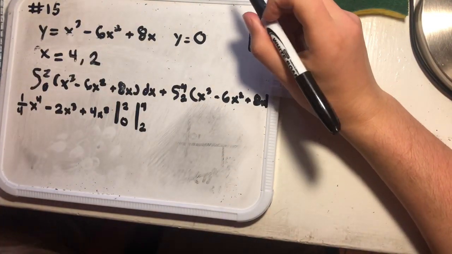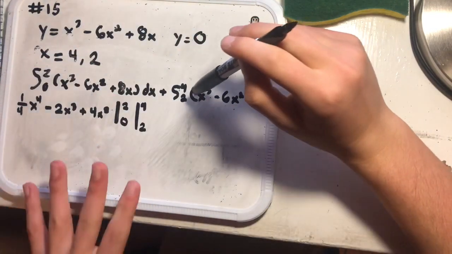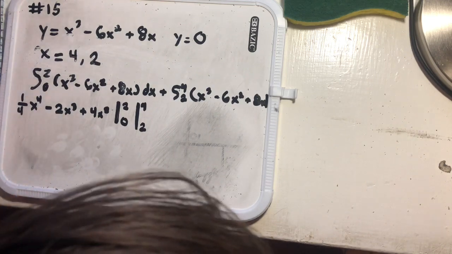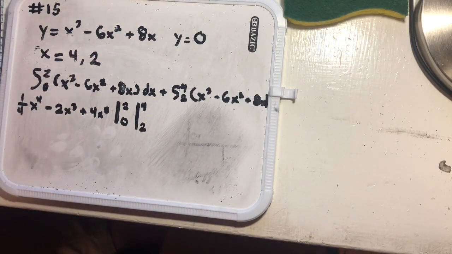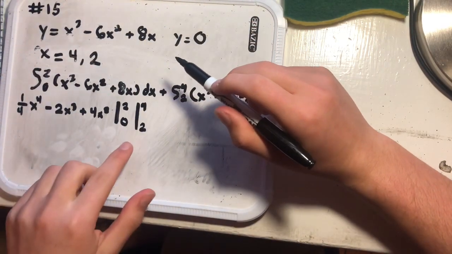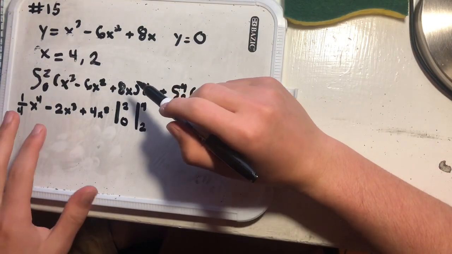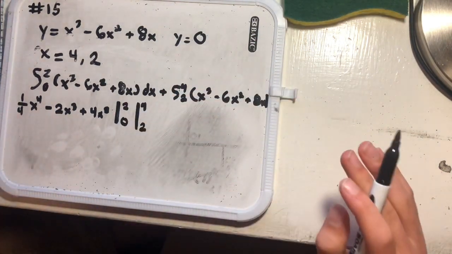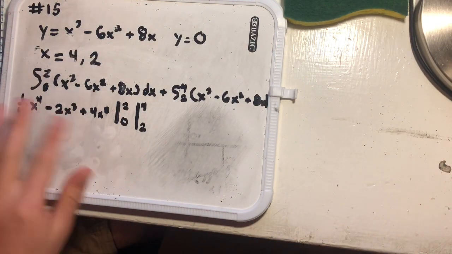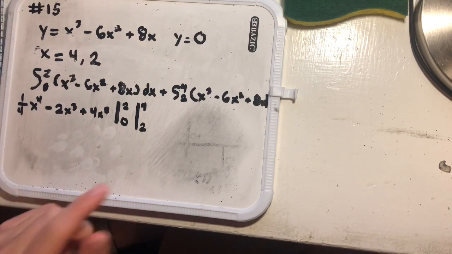Okay, so let's plug in. If we plug in 0, since there's x's in all the parts of this equation, it's just going to be 0. We don't have to care about that. But since 0 is the first part and 2 is the second part, once we plug in 2, the entire equation has to be negative, because it would be 0 plugged into this equation minus 2 plugged into this equation.